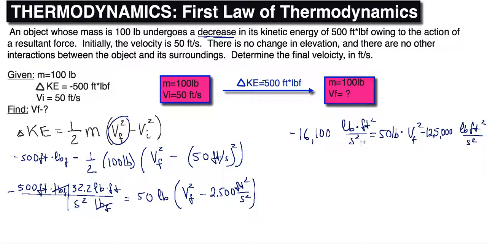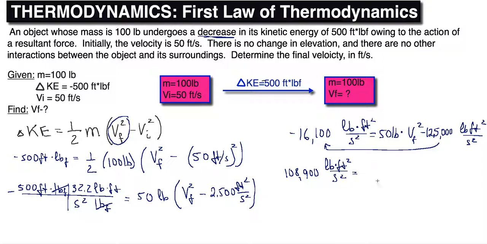So that's better. Now once we move the 125,000 over to the other side, we're going to have 108,900 pounds times feet squared divided by seconds squared.